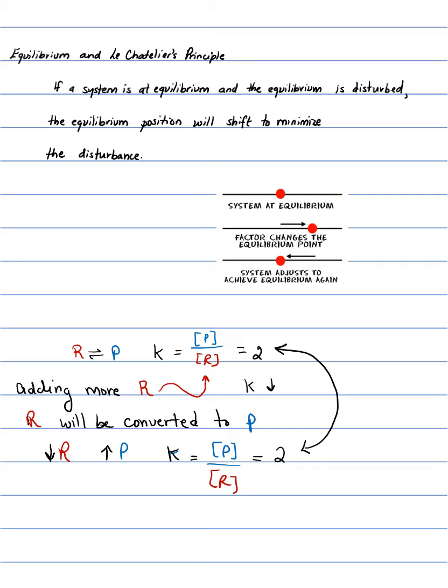This is something else that is happening. It's the same thing but explained in another way. So whatever changes you make, your chemical reaction is going to find a way to minimize those changes. And we can predict how the reaction is going to minimize those changes using Le Chatelier.